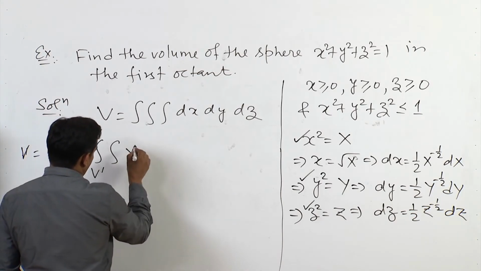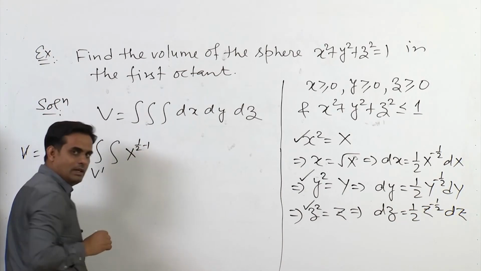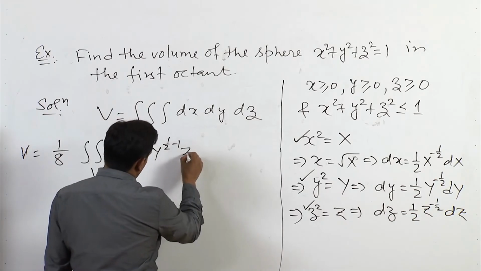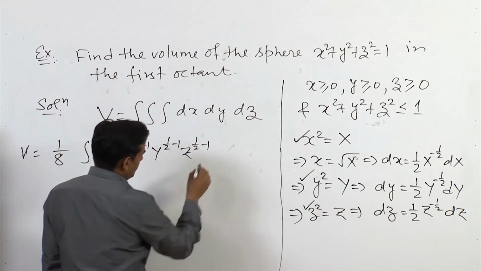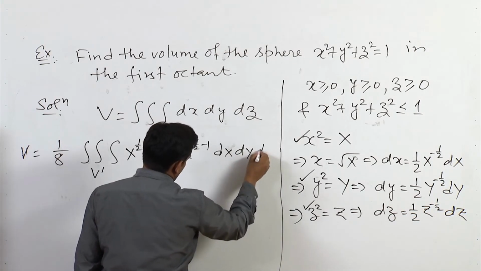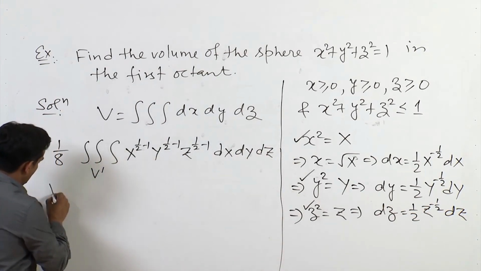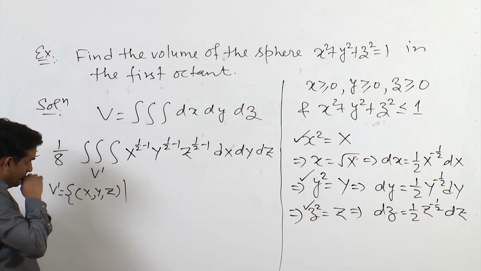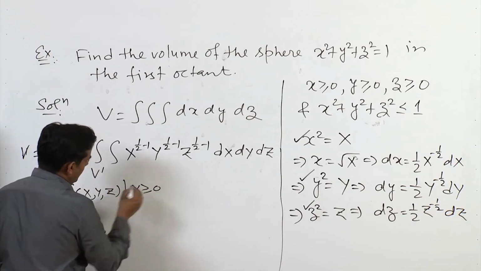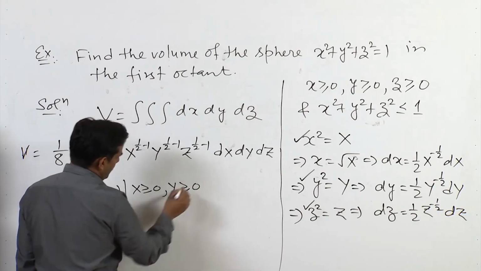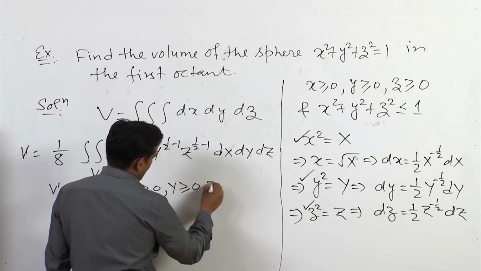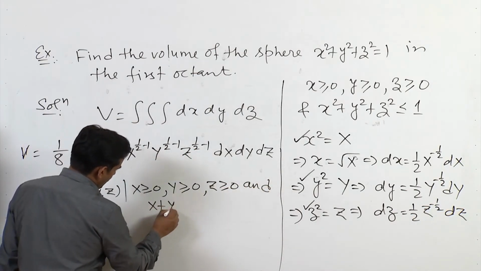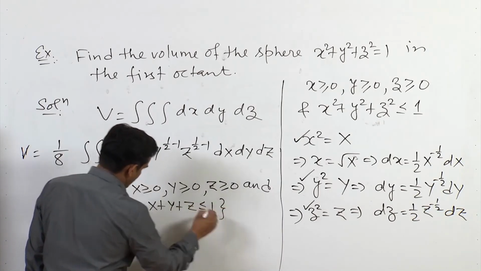So, this I can write capital X raised to power half minus 1, capital Y raised to power half minus 1, capital Z raised to power half minus 1, dx dy dz, and region V dash is given by capital X, capital Y, capital Z, such that capital X is greater than or equal to 0, capital Y is greater than or equal to 0, capital Z is greater than or equal to 0, and x plus y plus z less than or equal to 1.